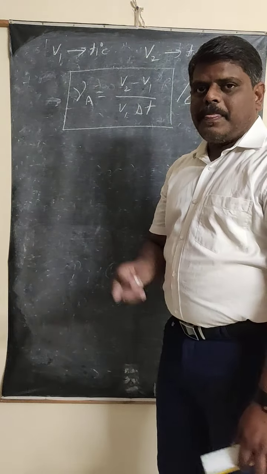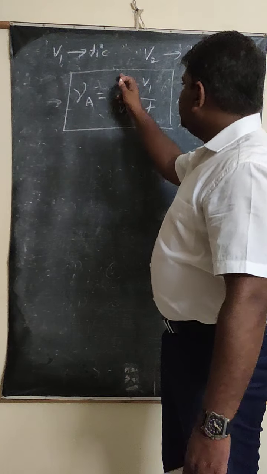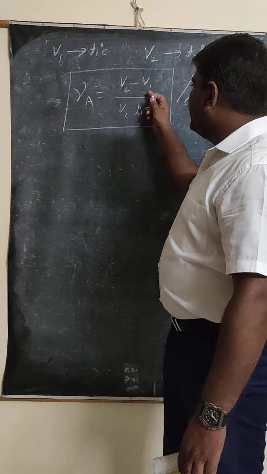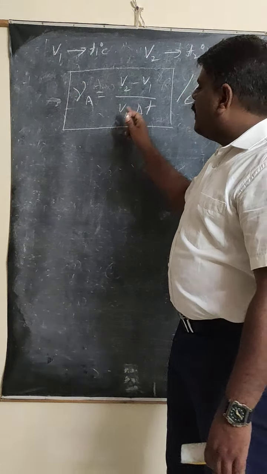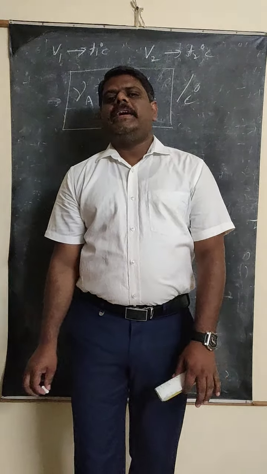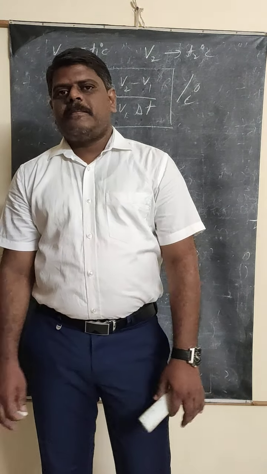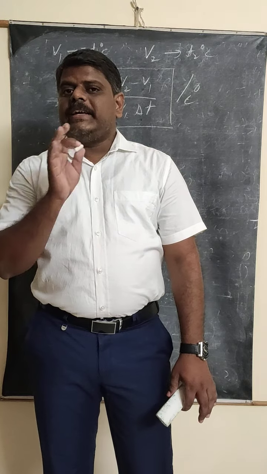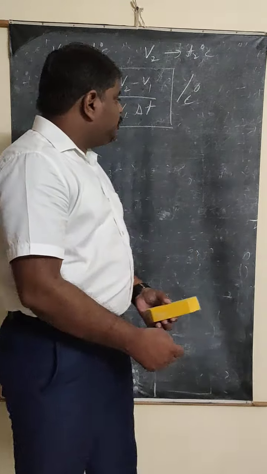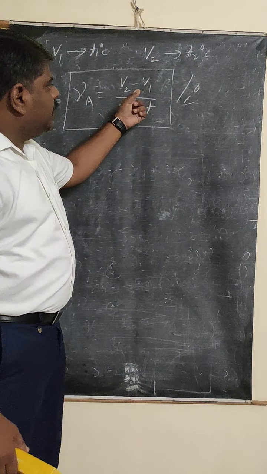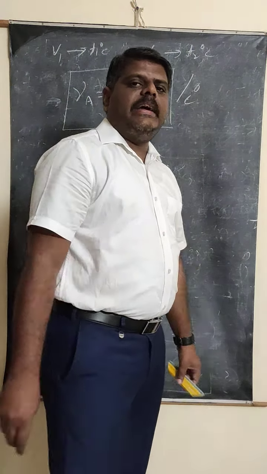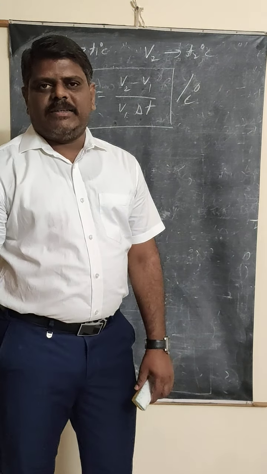The ratio of the apparent change in volume of the liquid to its initial volume per 1 degree centigrade rise of temperature is called the coefficient of apparent expansion of that particular liquid. You must use the words apparent and real, that is very important.